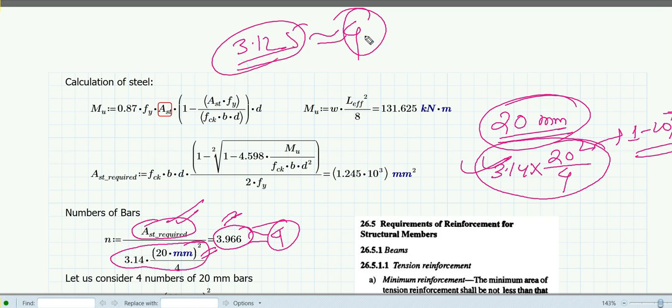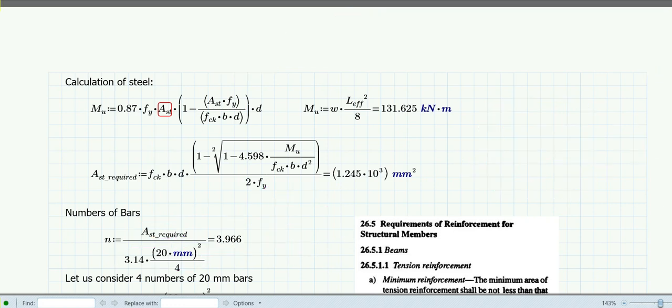You cannot provide 1.5 bar or 1.75 numbers of bars. So always take the higher end. As we are getting 3.966, we are going for 4 numbers of bars.